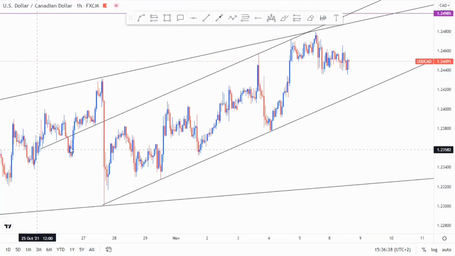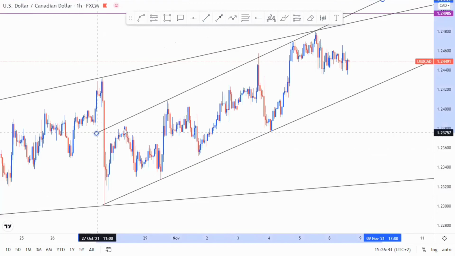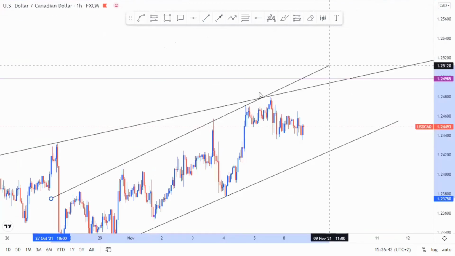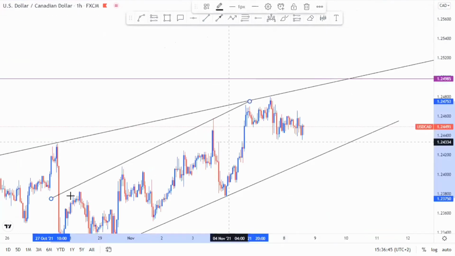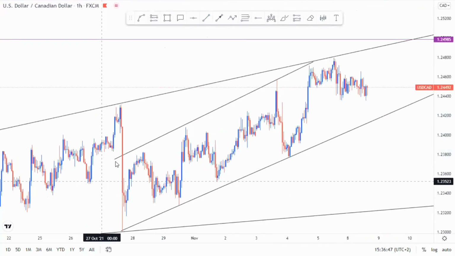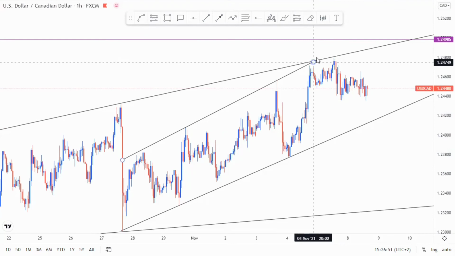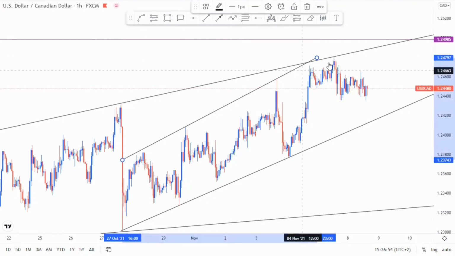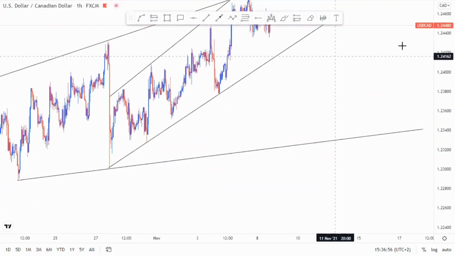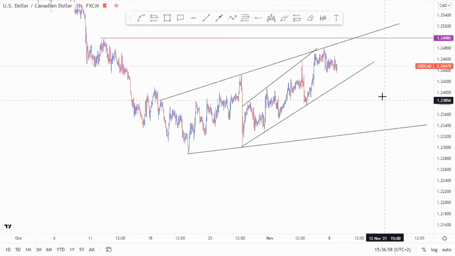Adjusting it. Also possible 3 touches, 1, 2, possible 3rd touch. So I can say that this pair will go to the downside.